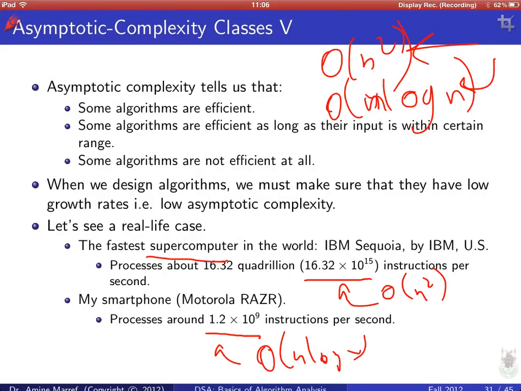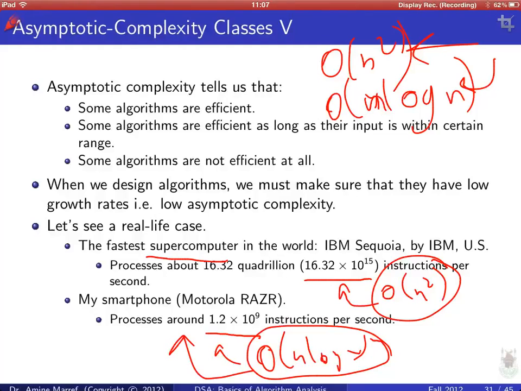I mean, 1 gigahertz is not really fast, especially for inputs of size 10 to the 12. So this is just a lesson: if you have the fastest computer in the world and the algorithm is not efficient, it does not help.